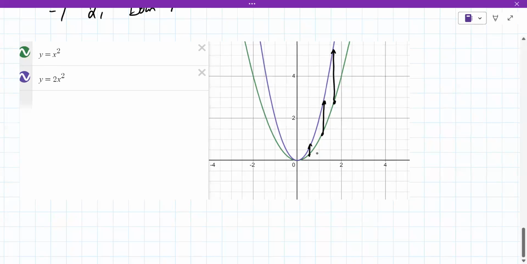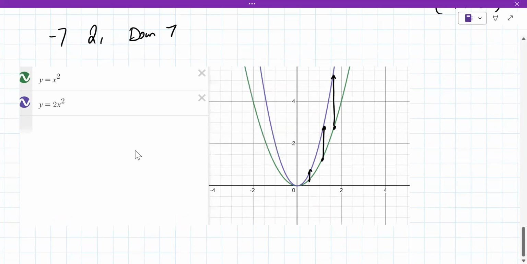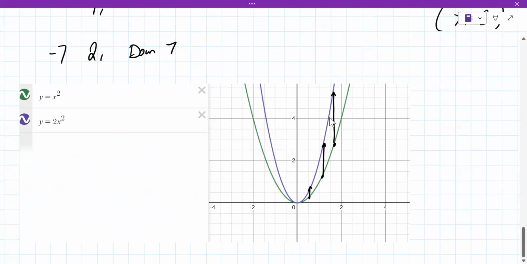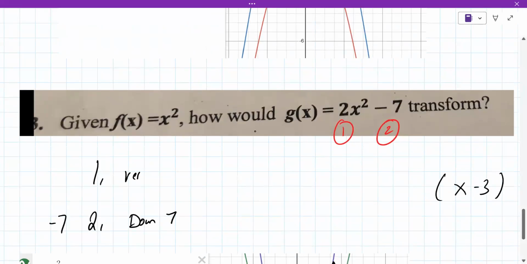It's like tighter, or wider. By the letter of the law, it's called a vertical stretch. It almost looks like it is squeezed in horizontally. If you think about width, you'd say, oh, it's narrower, which is true, but the correct answer is that it's a vertical stretch by 2.